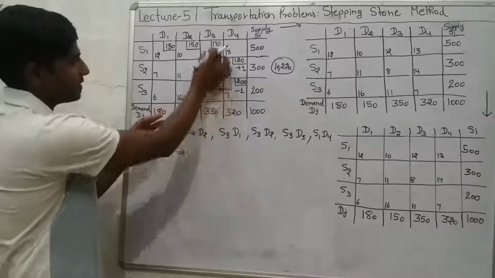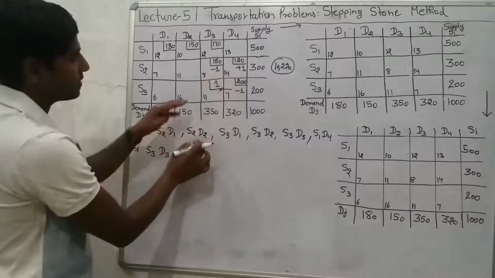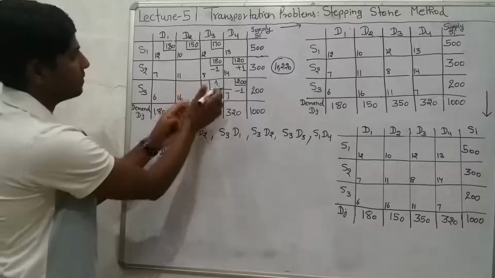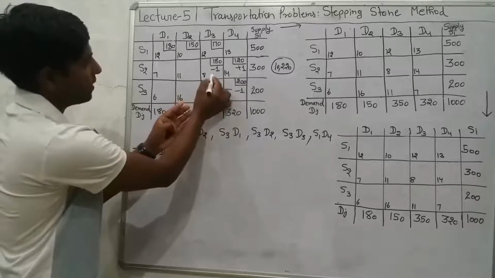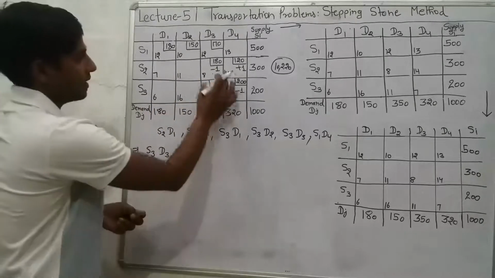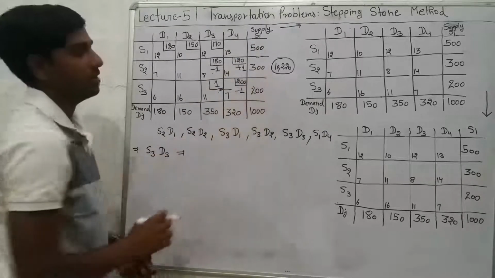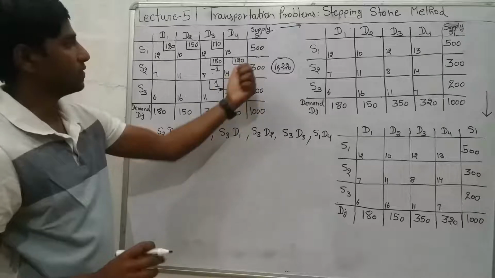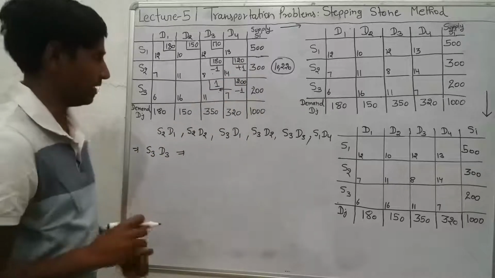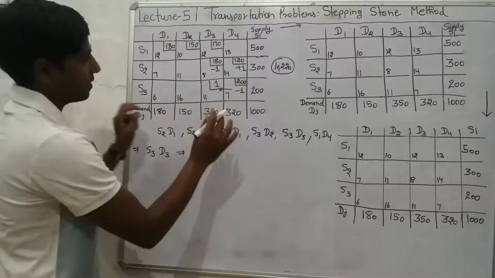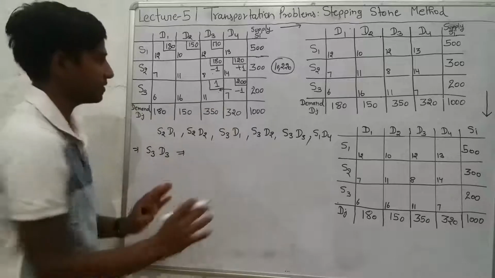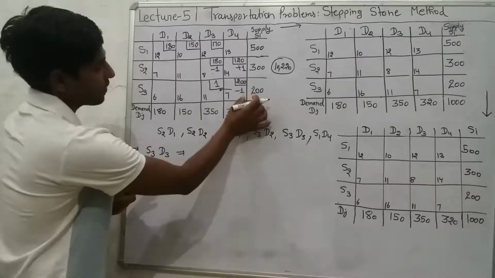Similarly, to balance out the column requirements, we reduced one unit from this cell, and again to balance out this column, we added one unit to this particular cell. So you can identify the movement of the units.